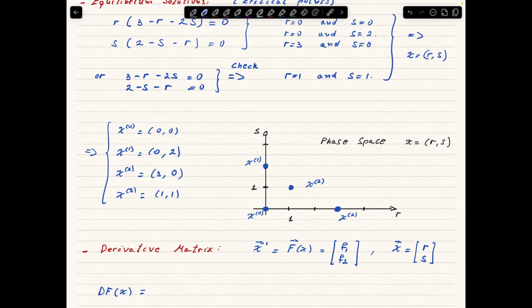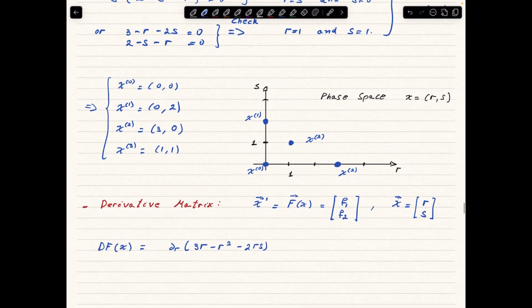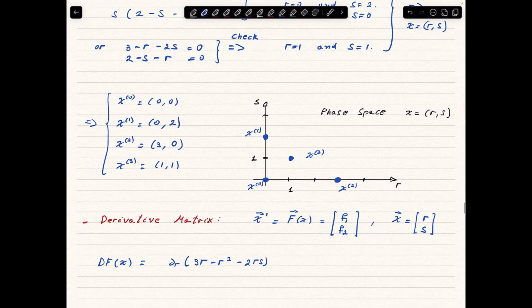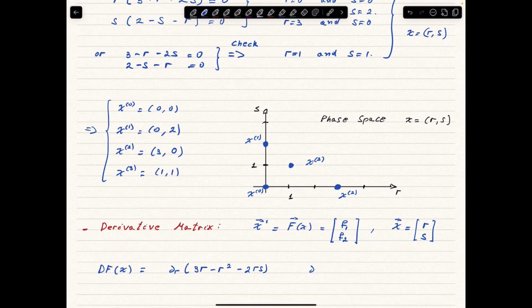We are going to have the derivative with respect to R of 3R minus R squared minus 2RS. Then we need to compute the derivative with respect to S of the same thing, 3R minus R squared minus 2RS.